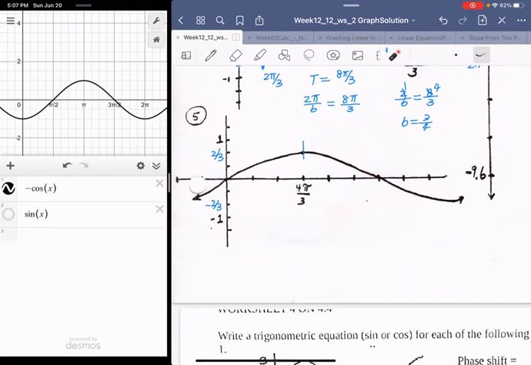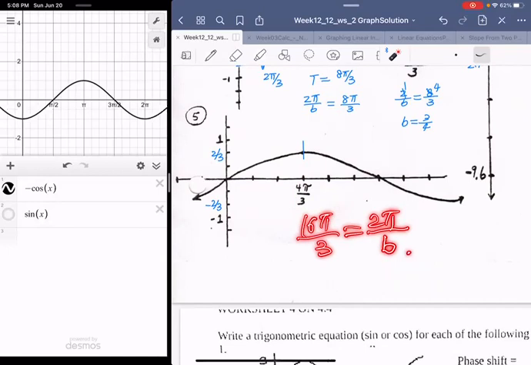Okay. Since the graph starts right on the midline, that means this is a sine graph. Good. And the amplitude is 2/3, so A would be 2 over 3. Since 4 pi over 3 is a quarter of your period, you multiply that by 4 to get 16 pi over 3, which equals 2 pi over b.